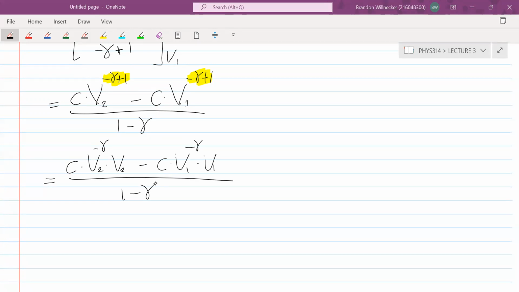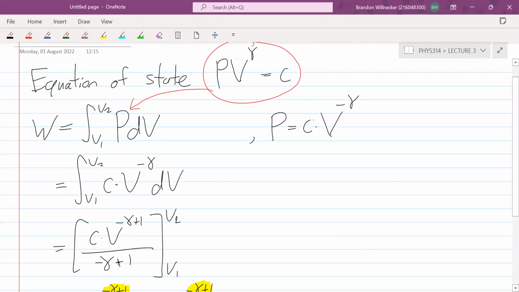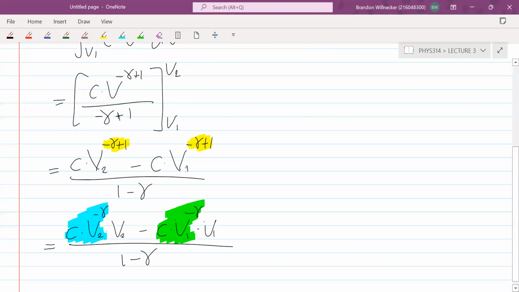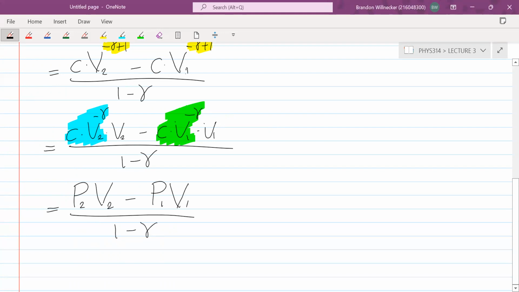So why did I write it like that? Well, C times V2 to the minus gamma, and on the other side C times V1 to the minus gamma, looks like what we had earlier for the pressure: P equals C times V to the minus gamma. So C times V2 to the minus gamma is P2 times V2, minus C times V1 to the minus gamma, which is P1 times V1, over 1 minus gamma.